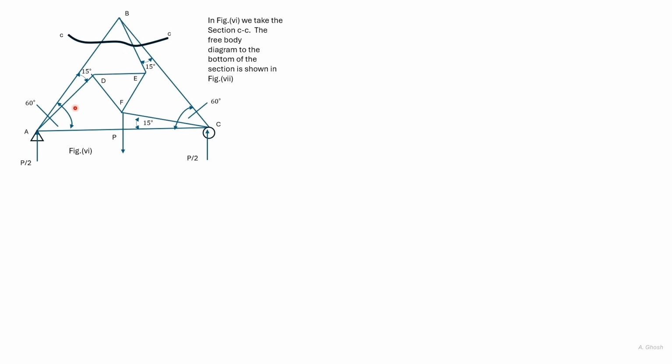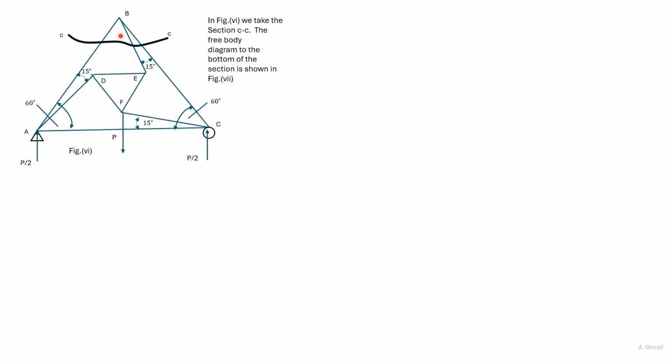We know the force in bar AB in terms of the force in AC and P, and we know force in bar BC in terms of the force in AC and P. However, we do not know the force in BE.